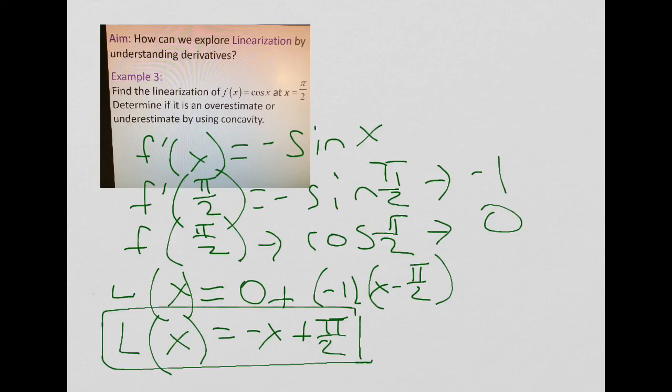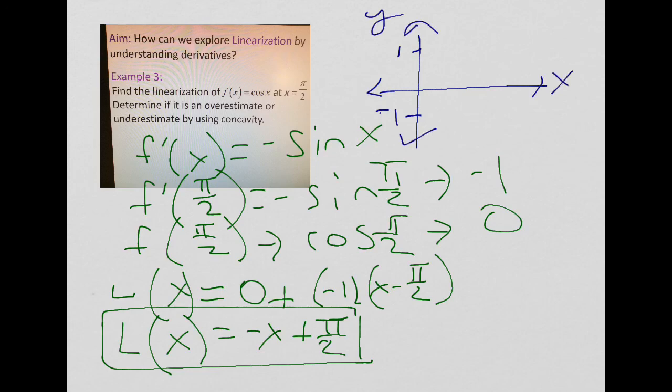Okay, so now, if you look at the curve of the cosine of x, this is why it's a common function. You need to know how to sketch its graph, or know its graph when x is pi over 2. Okay, so this is actually at a 0, and then at pi, it goes down to negative 1. So if you were to draw in a tangent line, it depends on where your value is for x.